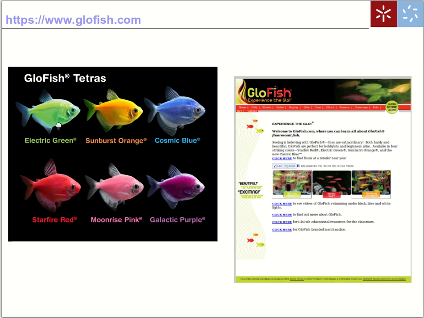Zebrafish is usually used in biological research because they're easy to manipulate. And these 6 zebrafish here each express a different fluorescent protein with different color. The zebrafish is normally white, has no color at all, but here it expresses different kinds of proteins, and if you have the right lamp in your aquarium, you will create quite a spectacular effect.